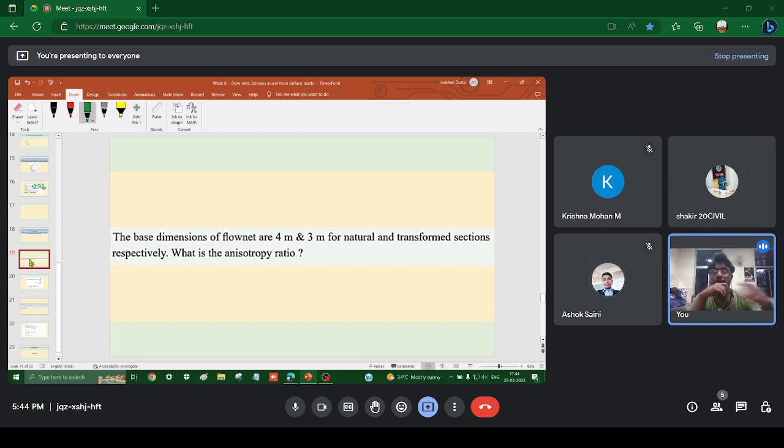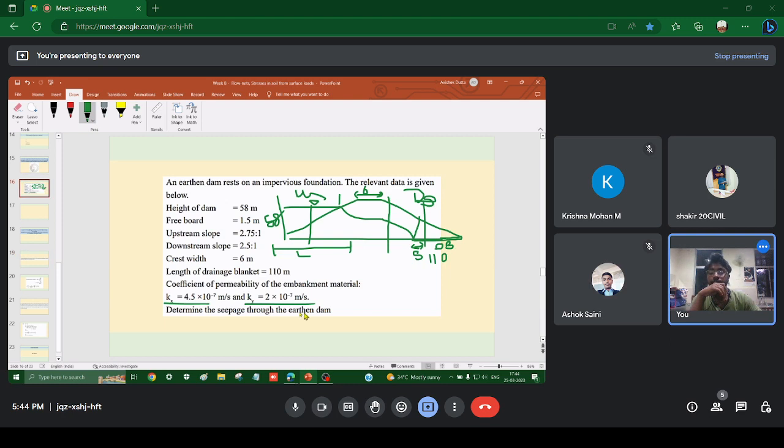Okay. So basically, in this sum of the dam, I have said the coefficient k is different in different directions. In the x direction, k is 4.5 and in the y direction, k is 2. That means the material is anisotropic. It has different properties in different directions. So in this case, the equivalent k is found as root of kx times ky. But the anisotropy ratio is basically the ratio of this coefficient k in the x-axis to that in the y-axis.